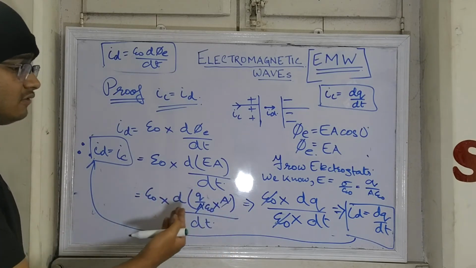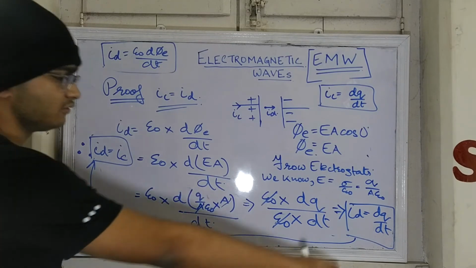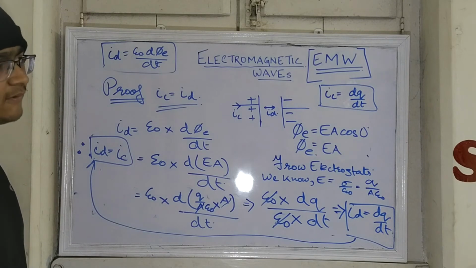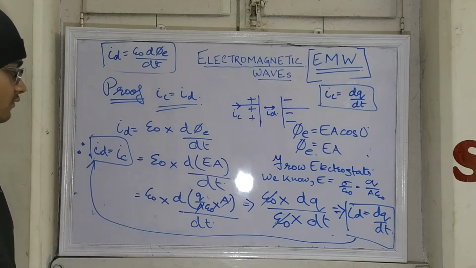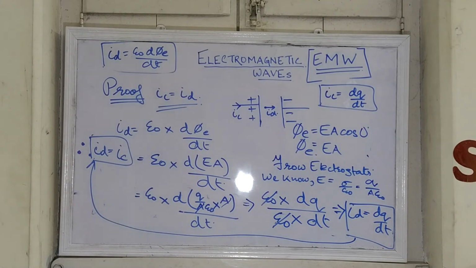What remains is dq by dt. From current electricity we know that it is the current in the conductor, so we get ID equal to IC. So this was the proof that conduction current is equal to the displacement current.